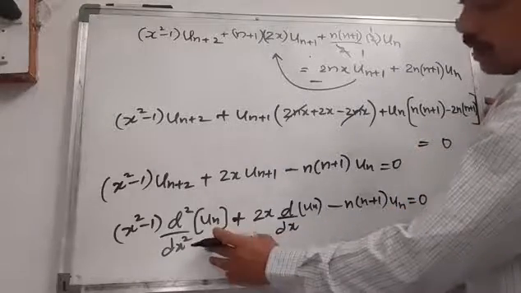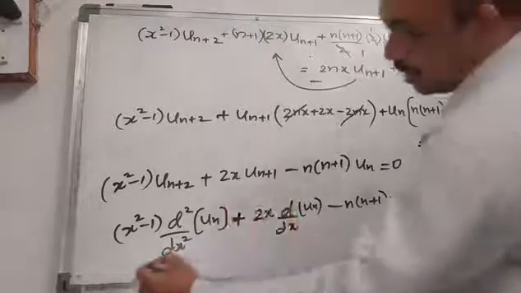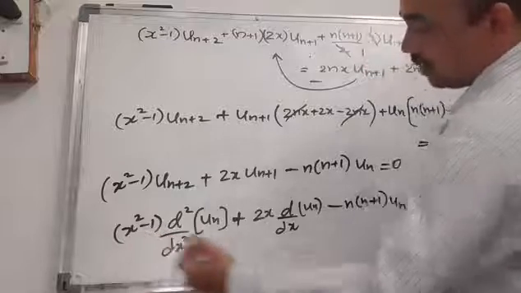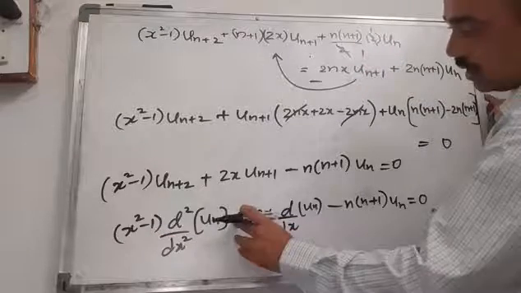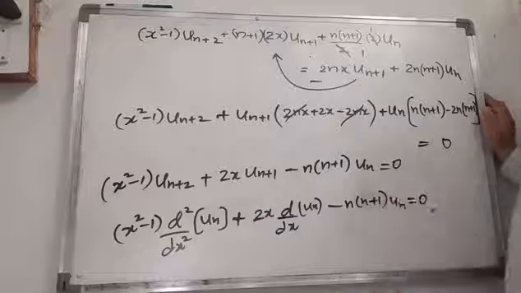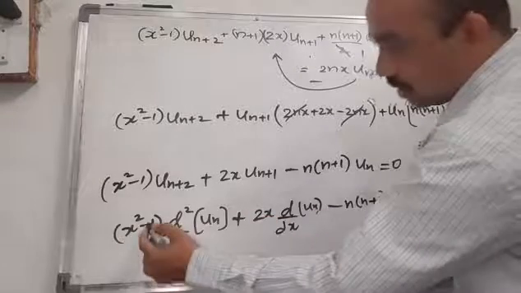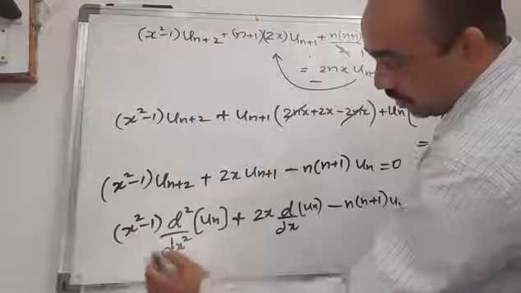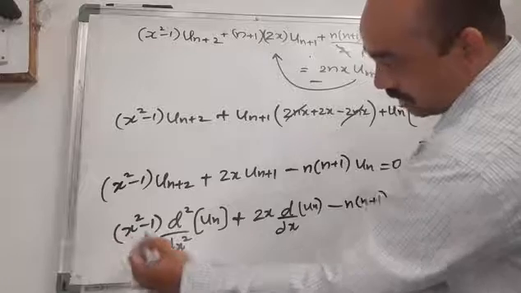This is the same as our Legendre's equation. Here we can multiply with the minus sign on both sides, so the signs will be reversed. Here plus x square is there, minus x square it will be.